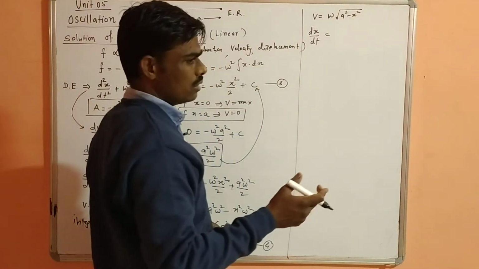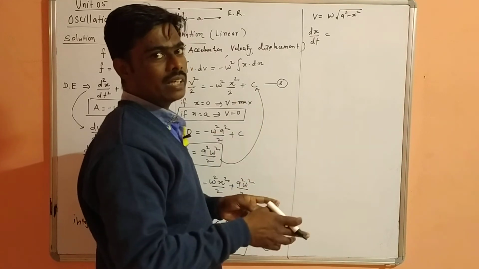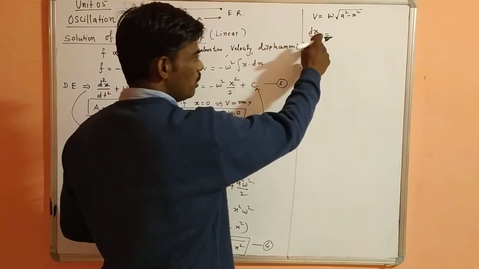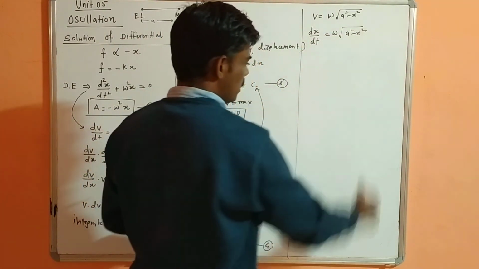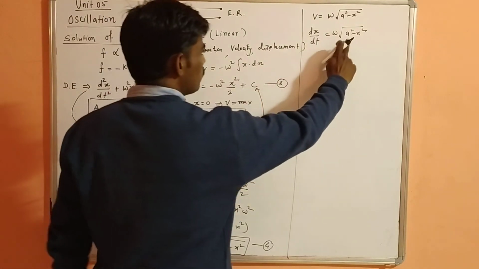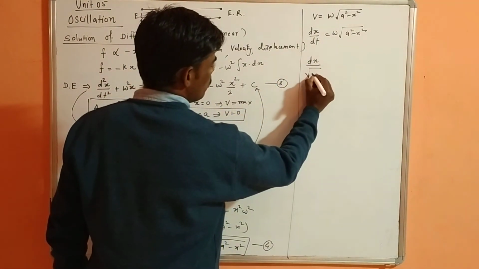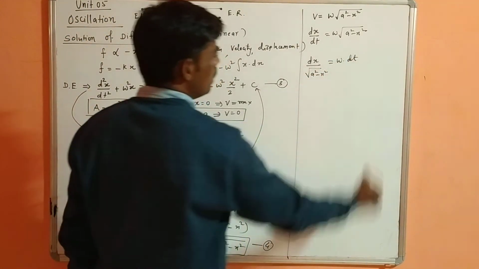If we say rate, there is no need to say with time, because rate itself indicates that it is a ratio, displacement to time. So omega under root a square minus x square. Shift here, dx upon square root of a square minus x square is equal to omega into dt.